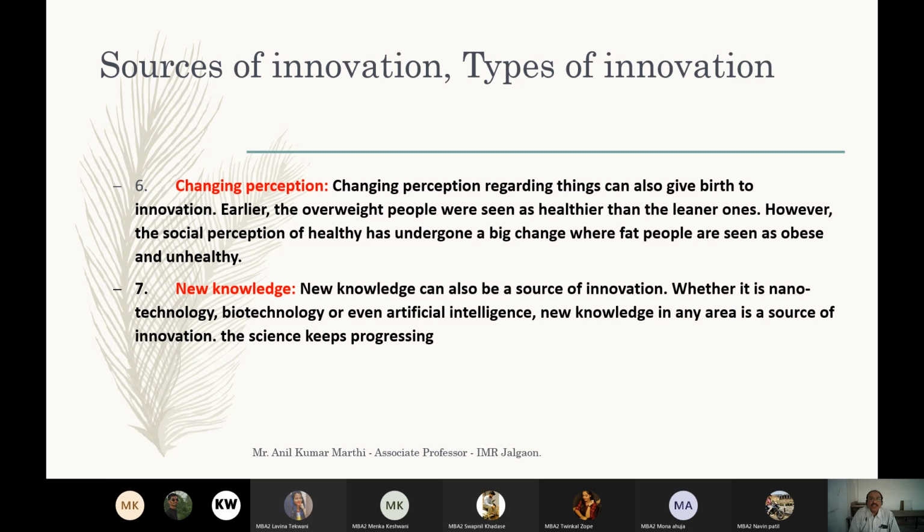Earlier, the overweight people were seen as healthier than the leaner ones. However, the social perception of healthy has undergone a big change, where fat people are seen as obese and unhealthy.